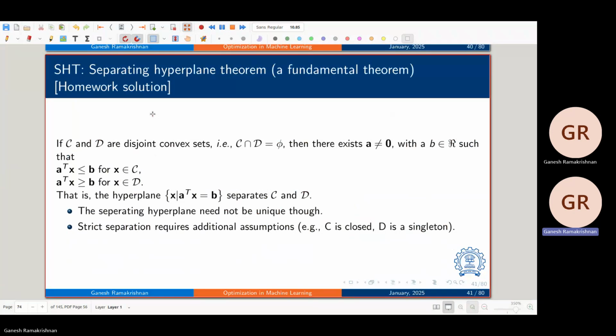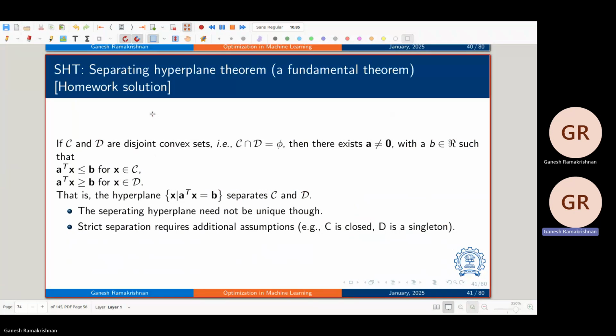It's very intuitive. And of course, I'll point you to the detailed proof I have provided in earlier versions of the class. I have spent some time doing these proofs. Now, if you want to ensure that there is strict separation, what is strict separation? It means the hyperplane doesn't touch any of them.